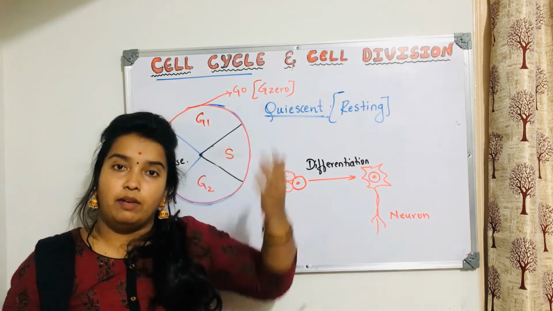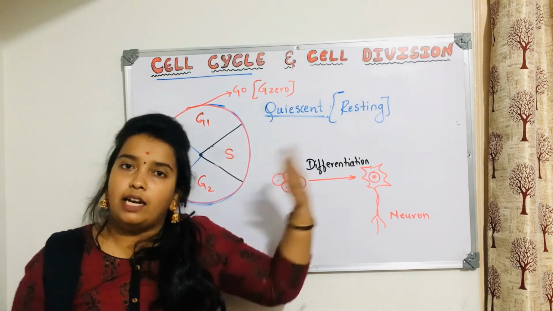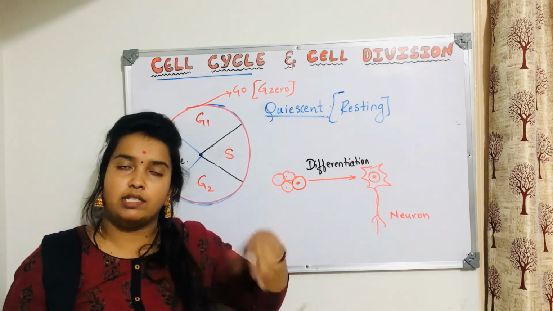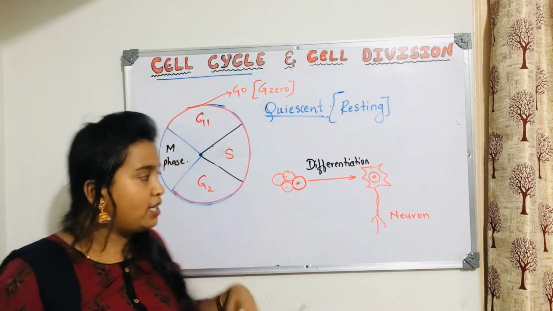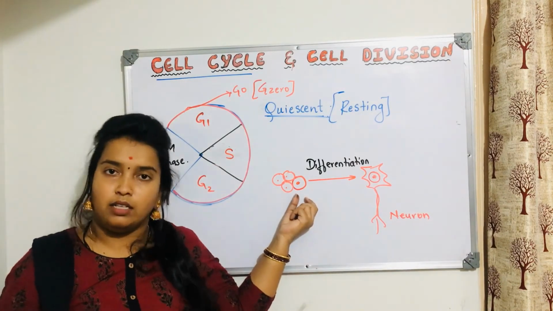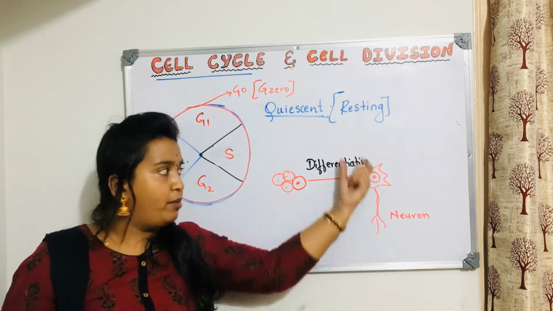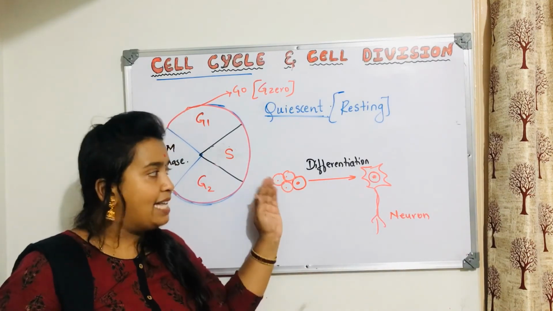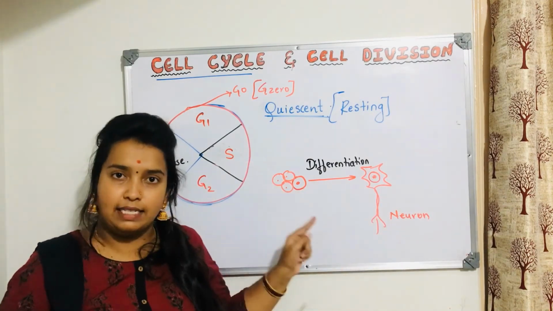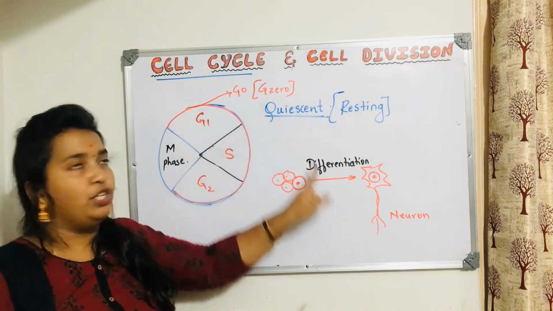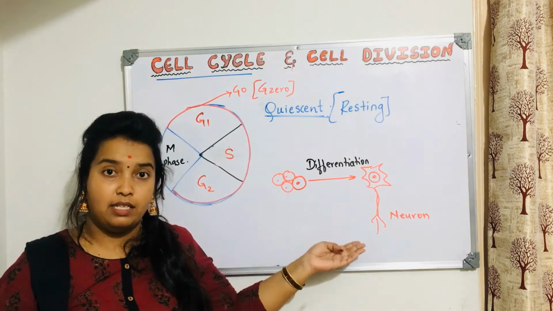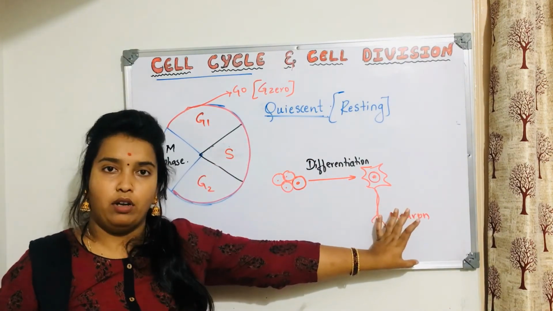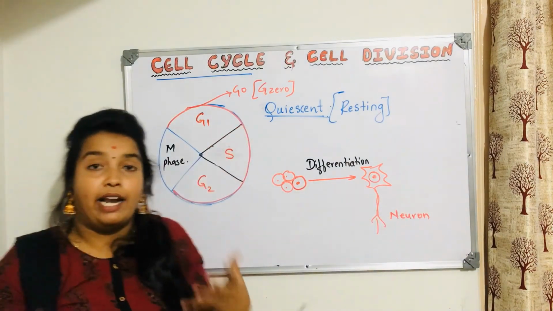Their meristem cells will divide and then it will form some other tissue or cell, and that is called differentiation. Likewise, in human beings, for example, this particular cell took the function and formed a neuron cell. That means it has moved out from the cell cycle. So that has entered this G0 phase. That means once it has become neuron, that's what I'm trying to explain you.